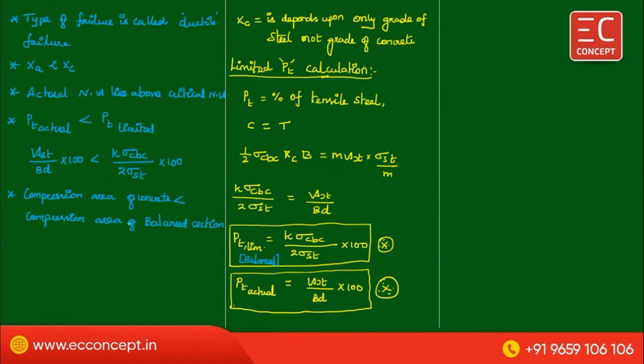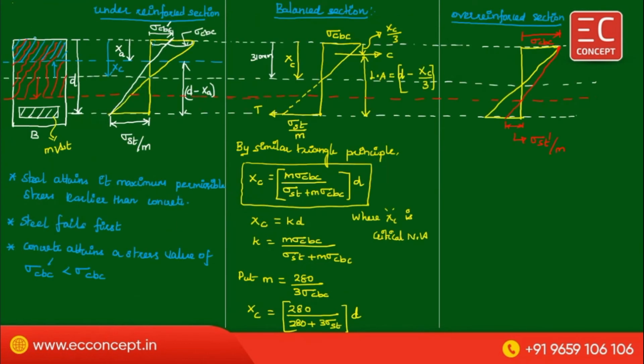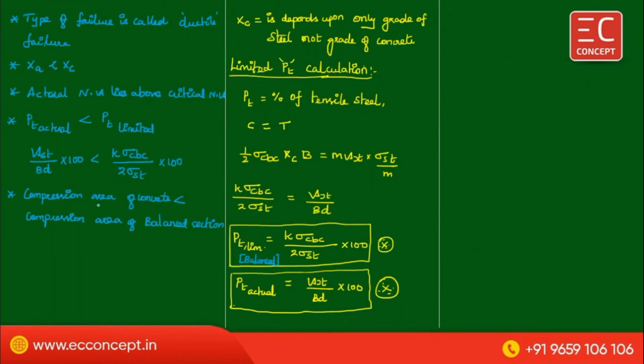See the diagram. In actual under reinforced section, this blue color is the compression zone area, but in the balanced section, only this much part up to this balanced neutral axis is the compression zone area. Therefore, the under reinforced section compression area is less than the balanced section compression area. Okay, that is a point.